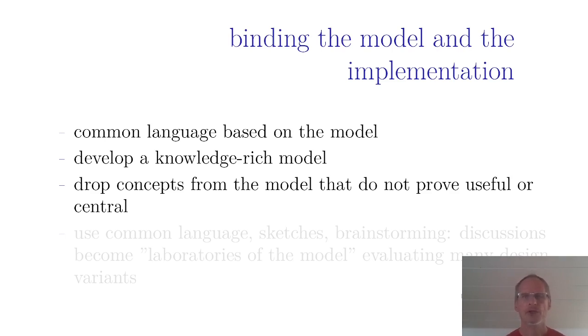And those terms, those notions, those concepts should be dropped from the model. We should document and capture only those concepts and notions that prove useful with the discussion around the project and with the implementation and with the development of other deliverables around the project.